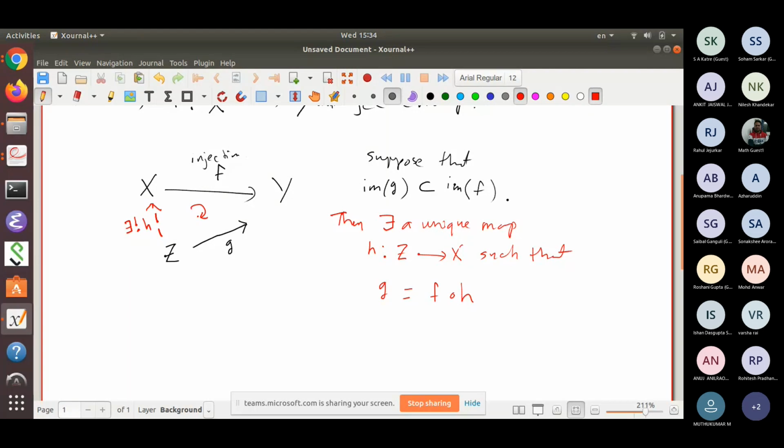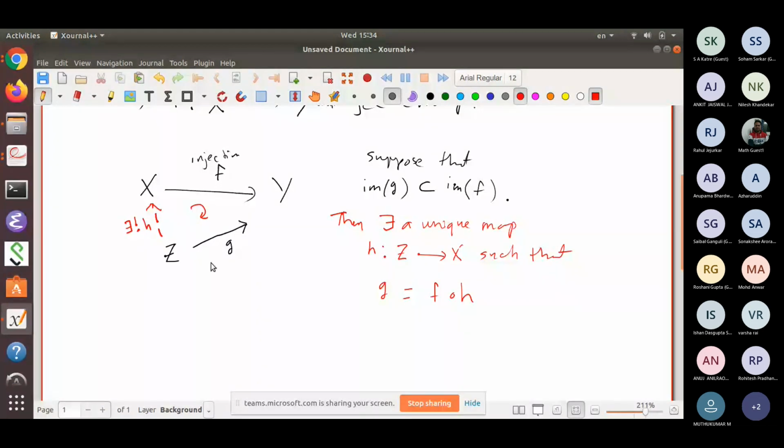Everybody happy with this universal property of injective maps? Yeah, clear? Can you hear me? Yes, sir. And is the property also clear?